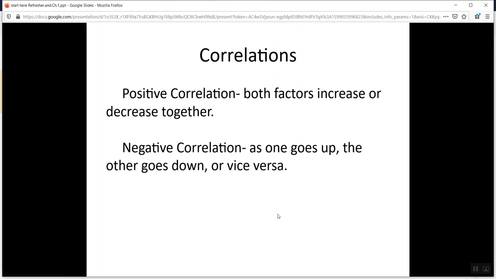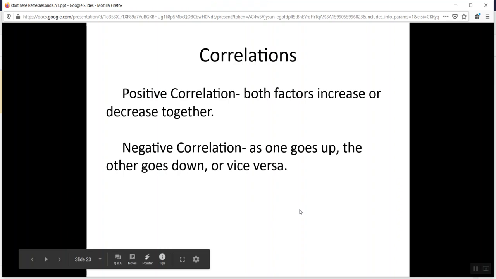Not necessarily. Correlations do not show cause and effect. They only show that two variables are related. There could be other explanations for the clothing that we're wearing outside of the weather. The only way to show cause and effect is with an experiment, which we'll get to in the next few slides.